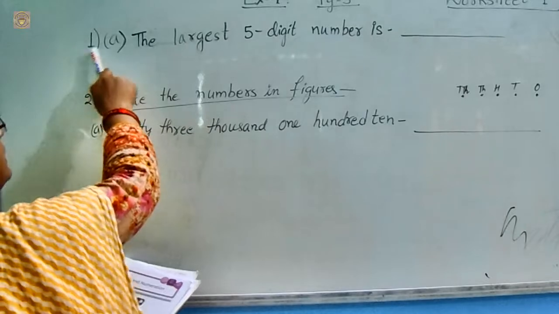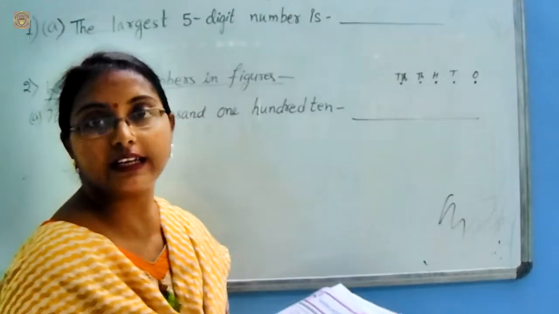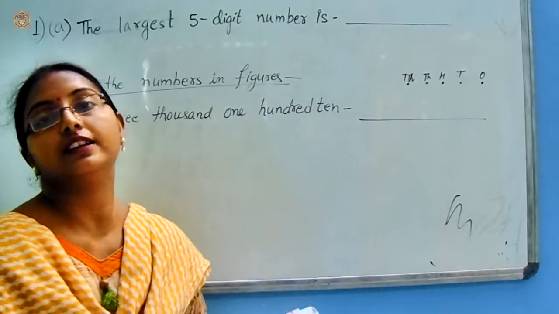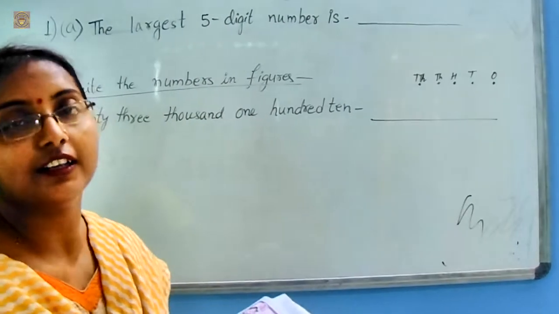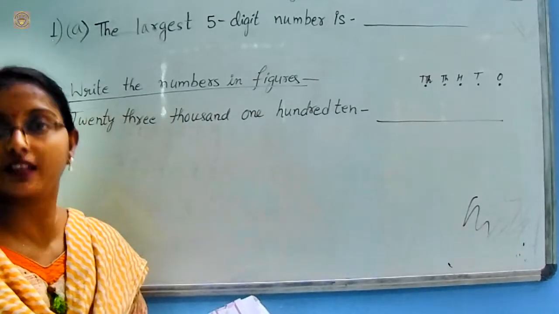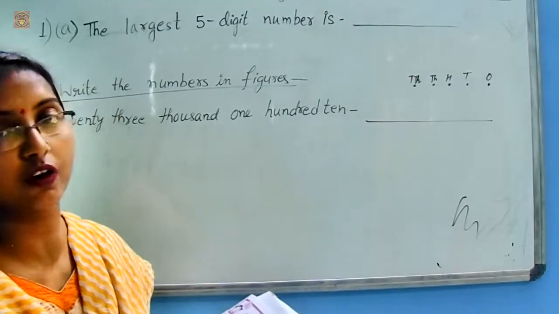Like here, what A is given: the largest 5-digit number is. The largest number is obviously, for a single digit, 9, for double digit, 99, for a triple digit, that means a 3-digit number, the largest is 999 and so on.